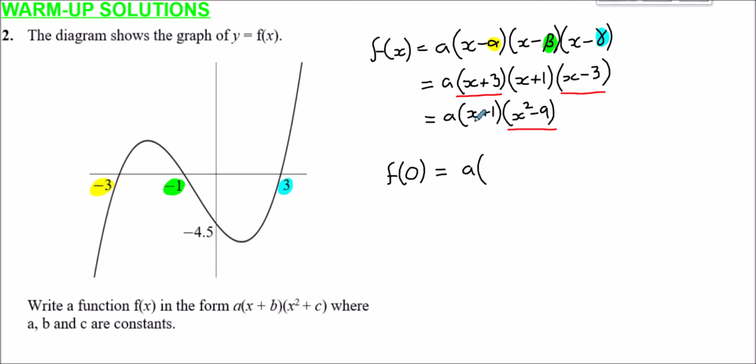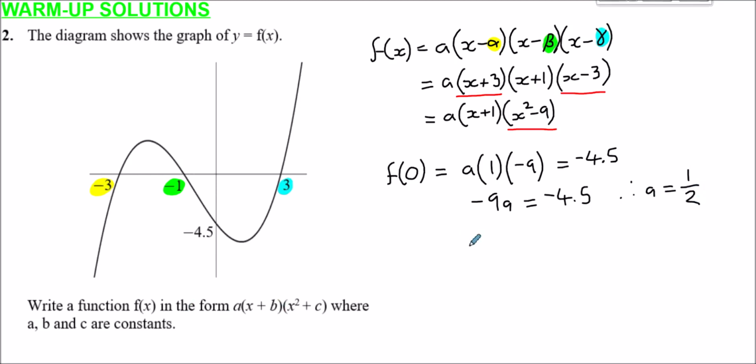When x is 0, this becomes 1. When x is 0, this is just -9. And we know that has to be -4.5. 1 times -9 is -9, so we know that -9a must be -4.5. Then dividing through by -9, we see that a must be a half.